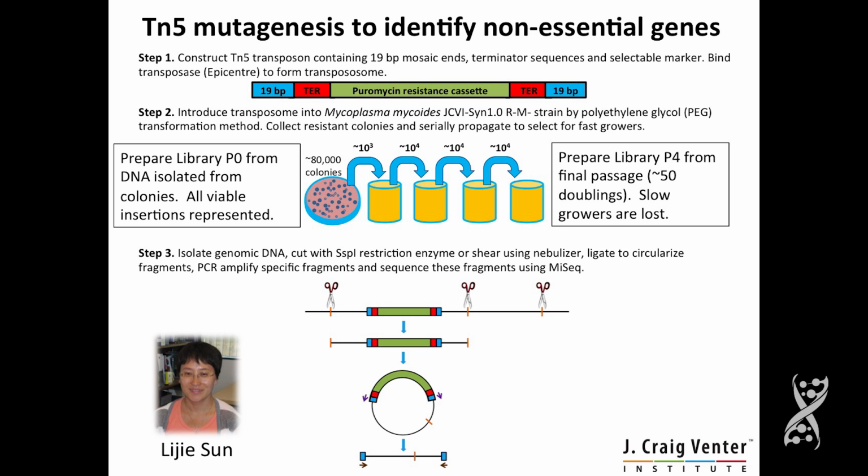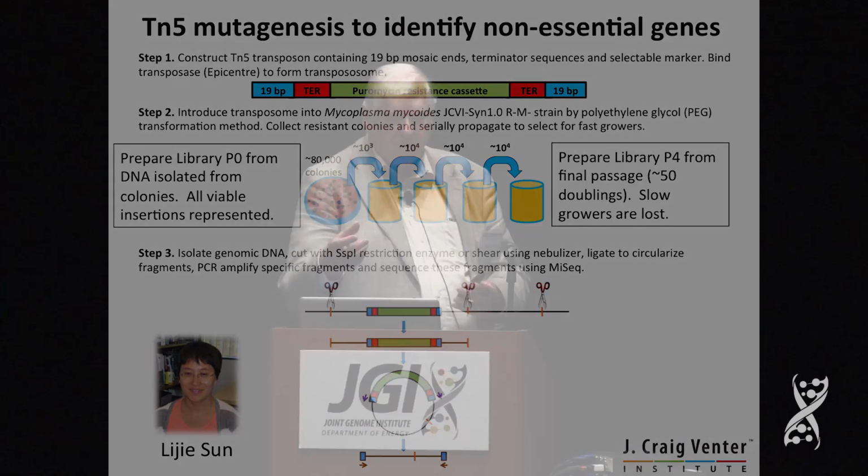And then we took the transposon DNA, reacted it with the TN5 transposase to make an activated transposon, or so-called transposome. And you then just introduce that into the CEN 1 mycoplasma cells by standard transformation methods and plate on a puromycin plate. And we got about 80,000 independent insertions.